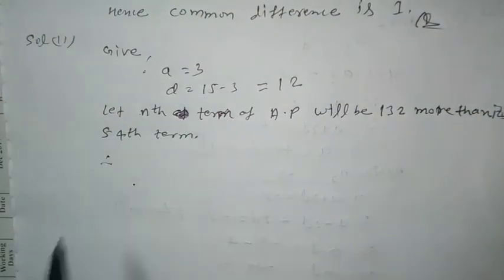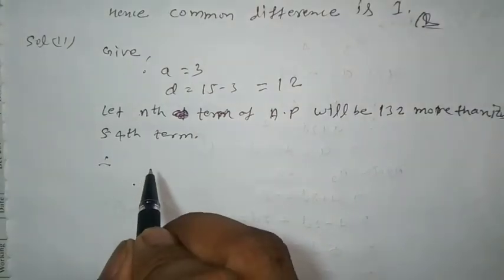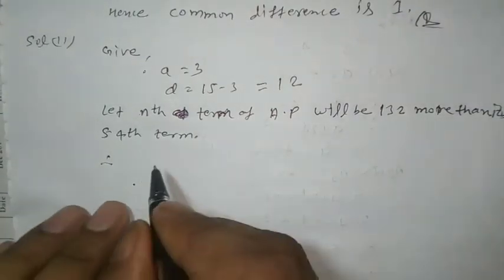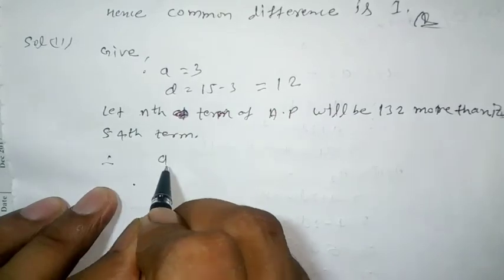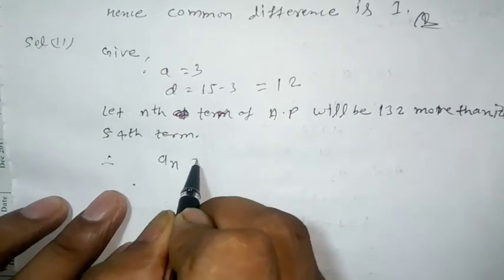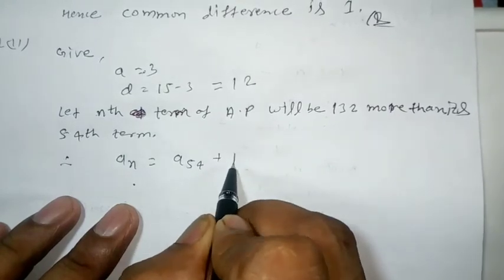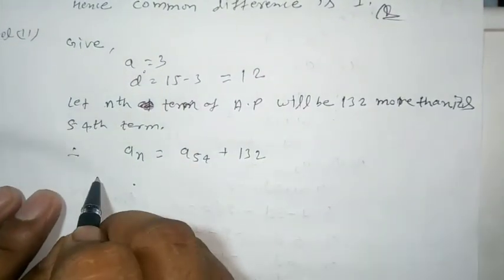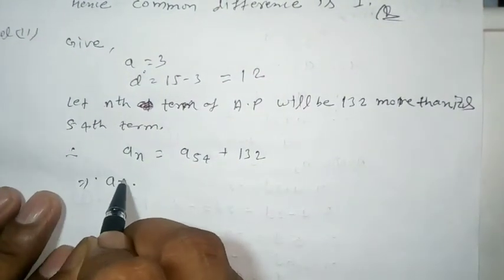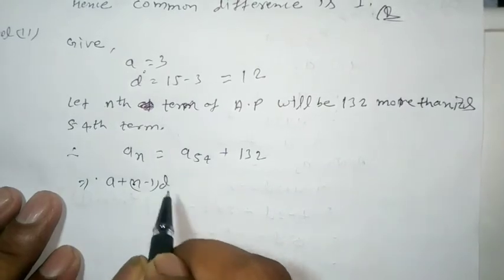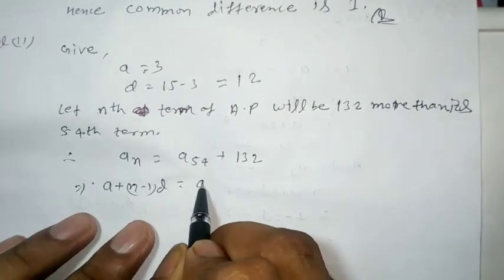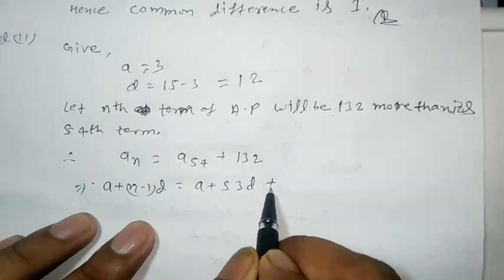Therefore An is equal to A54 plus 132, implies A plus n minus 1 into D is equal to A plus 53D plus 132.